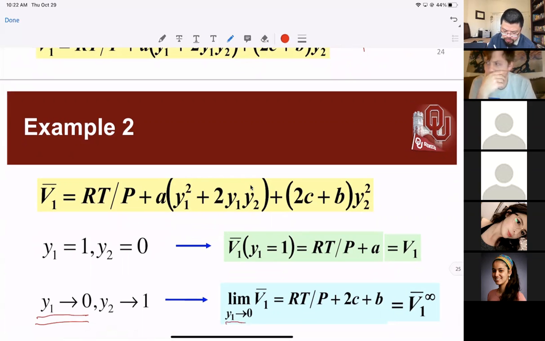Then we just need to push y1 to 0 to see what's going on. So if y1 goes to 0, this is 0, this is 0, and y2 will be 1 because y2 is 1 minus y1. When y1 goes to 0, this goes to 1. So then this is 1, then we have this expression.